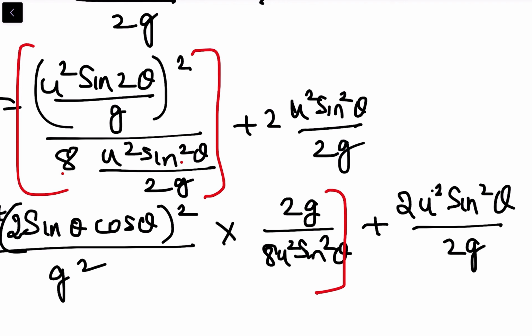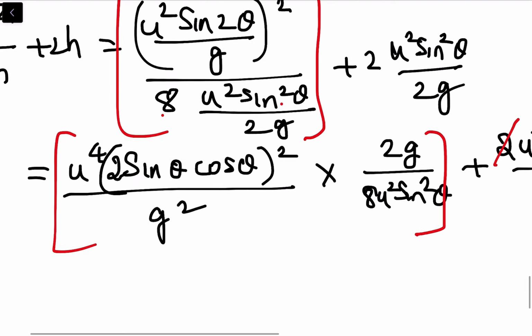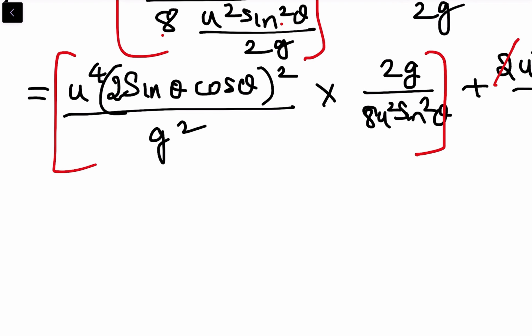Now let's cancel whatever we can cancel. Here that much will be cancelled, and let us think what else we can cancel. Let us proceed further. That is u square, 2 into 2 whole square, that 2 will become 4 now.